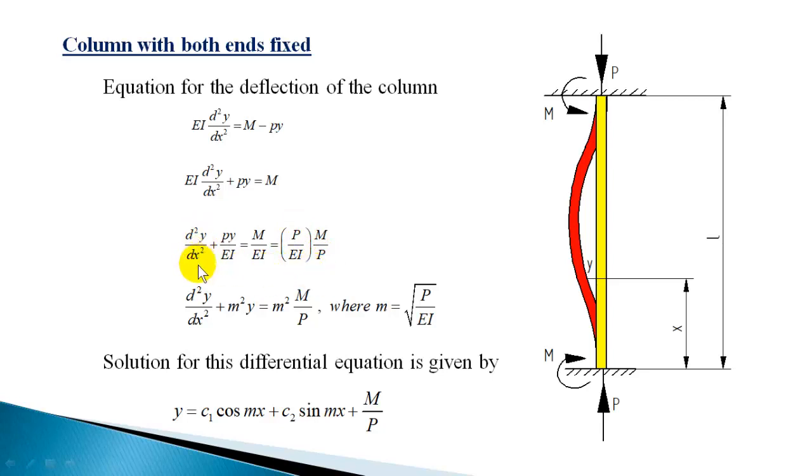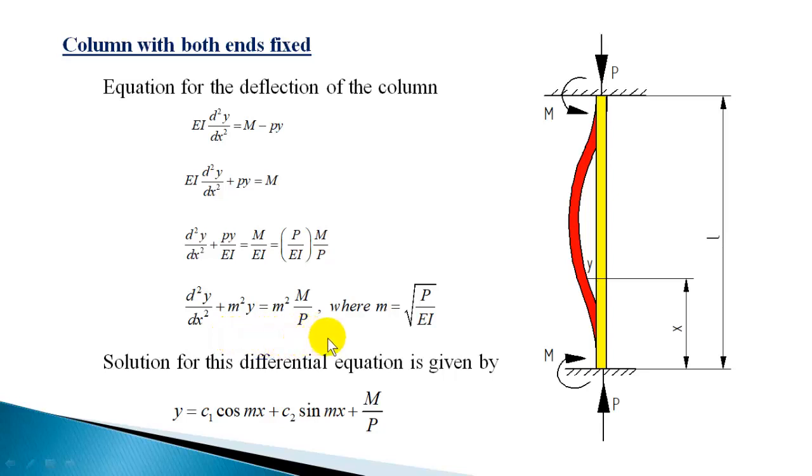So d square y by dx square plus Py by EI is equal to P by EI into M by P. Now you can write this as d square y by dx square plus P by EI, substitution is m square, so m is root of P by EI, or P by EI you can write as m square, y plus again here m square into M by P. So d square y by dx square plus m square y is equal to m square into M by P.